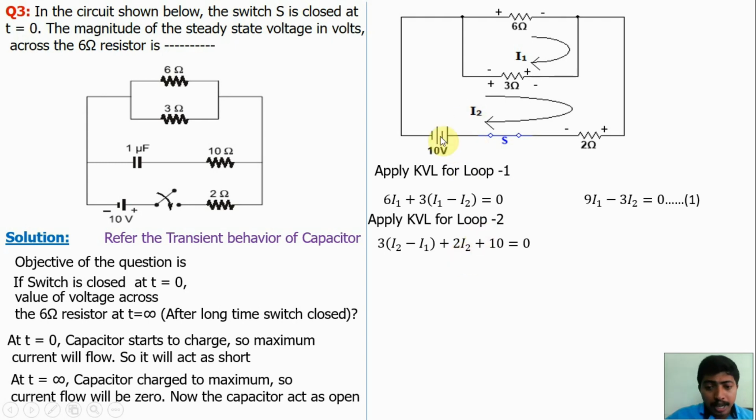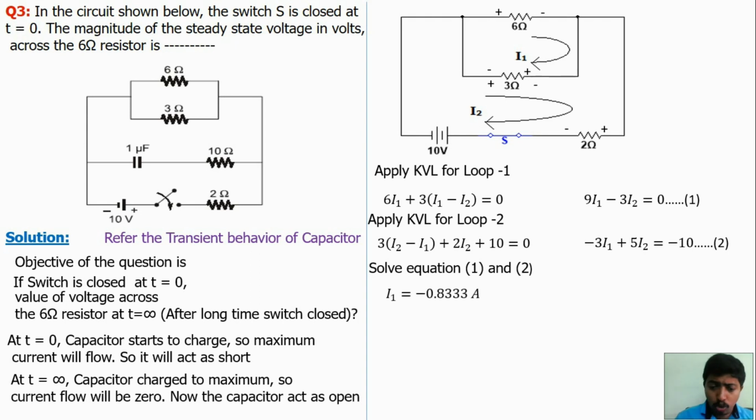Here in the battery, current flows from positive to negative, so positive voltage, so plus 10 is equal to 0. Now simplify this equation, let us take this as equation 2. Now solve equations 1 and 2. We will get I1 equal to minus 0.833 amps, I2 equal to minus 2.5 amps.